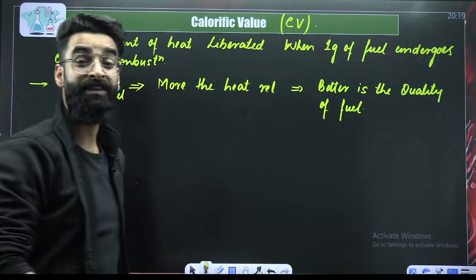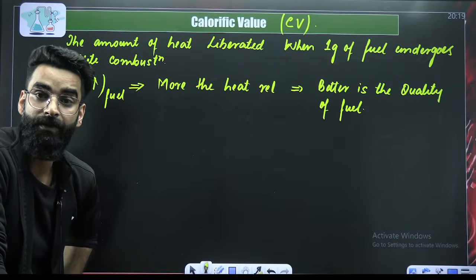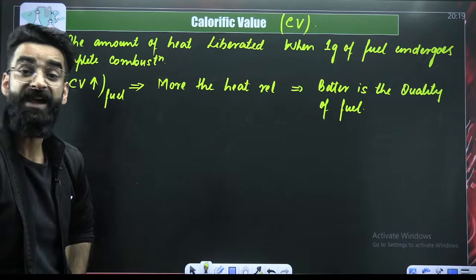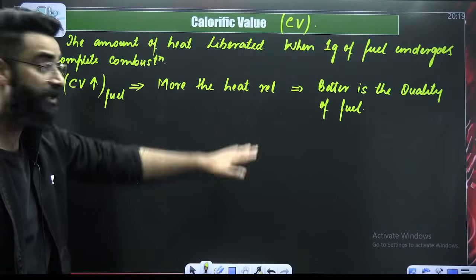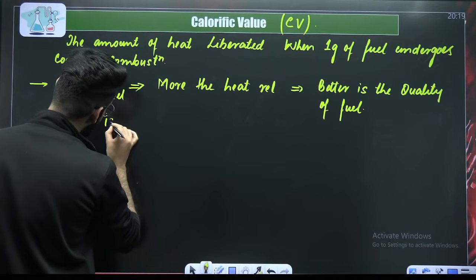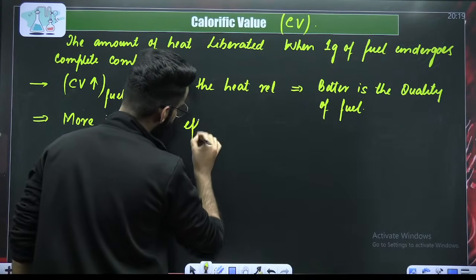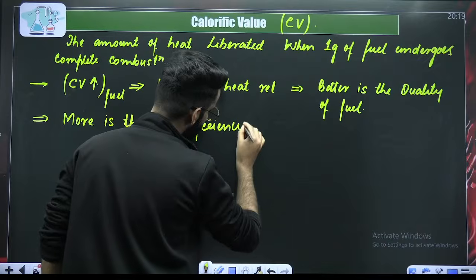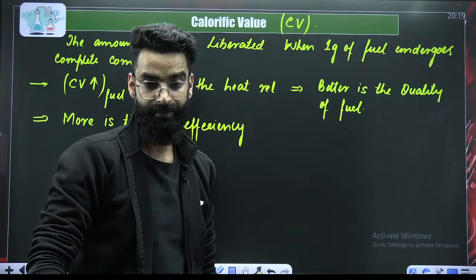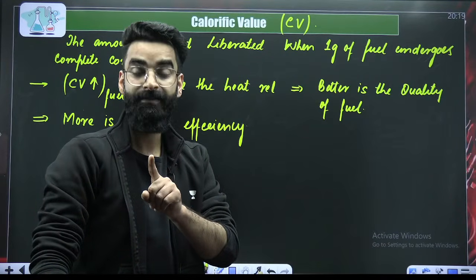So basically on the basis of CV value, you can check the quality of the fuel. You can check the efficiency of the fuel. Better is the quality of the fuel, or you can say more is the fuel efficiency. Now let me make you understand this particular thing here. See, understand.